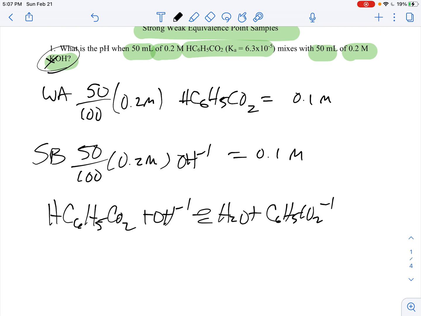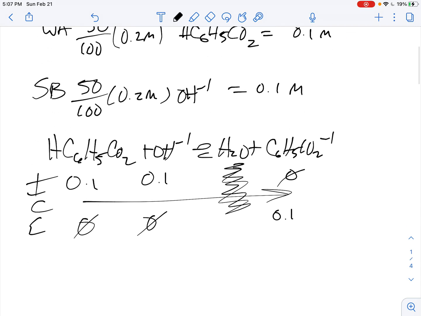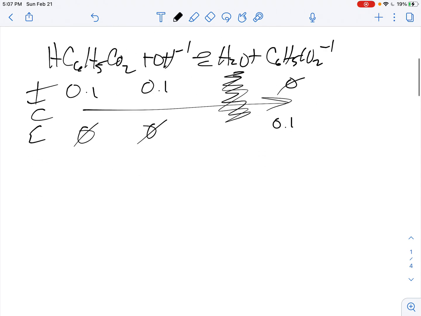These are not the droids you're looking for, because the water is on the products side over here. So instead of starting with 0.1, 0.1, and 0 and trying to do a left to right problem, we are instead going to take it all the way to be left with 0, 0, and 0.1 over here, and then take this whole thing and flip it and do a backwards problem.